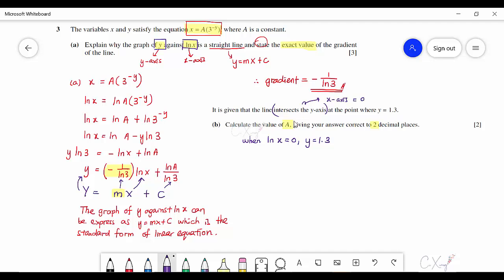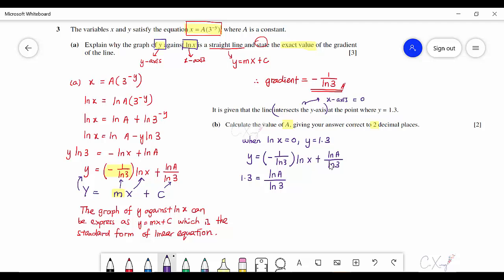My original equation is y equals negative 1 over ln 3 times ln x, plus ln a divided by ln 3, right? As I mentioned just now, the y now is 1.3, and ln x is equal to 0, so the whole first term will be 0. Then what is left is ln a divided by ln 3.